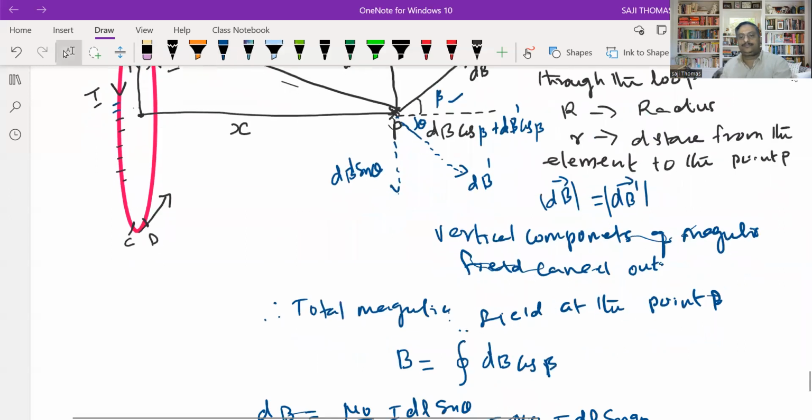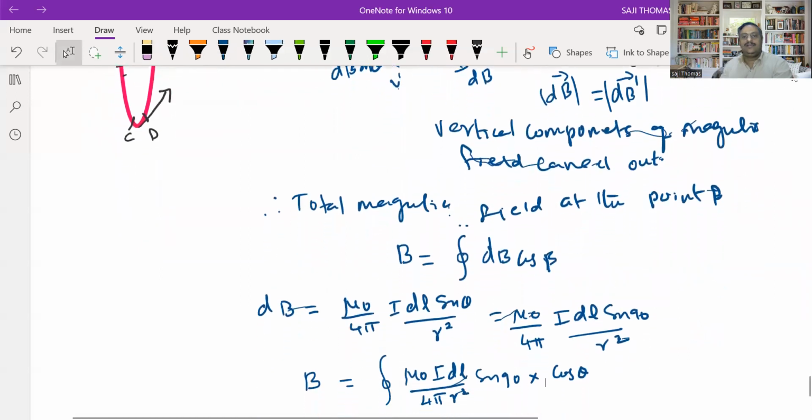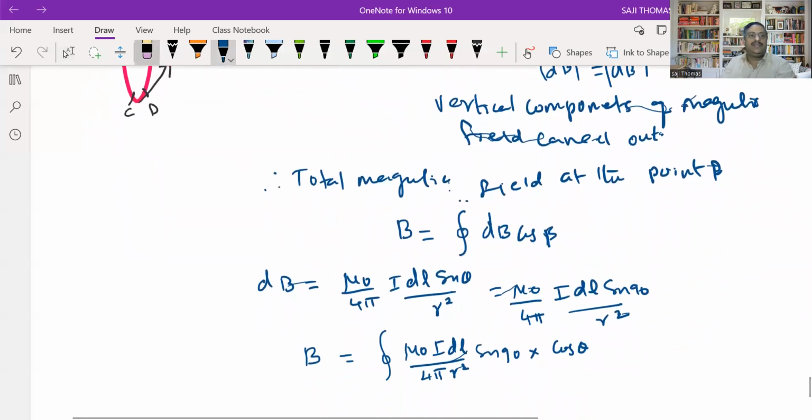So in the final equation, this angle is beta.